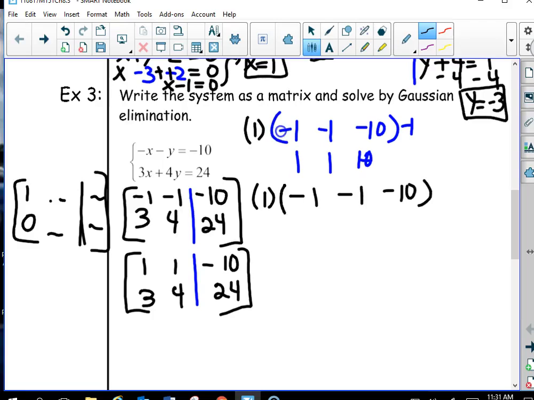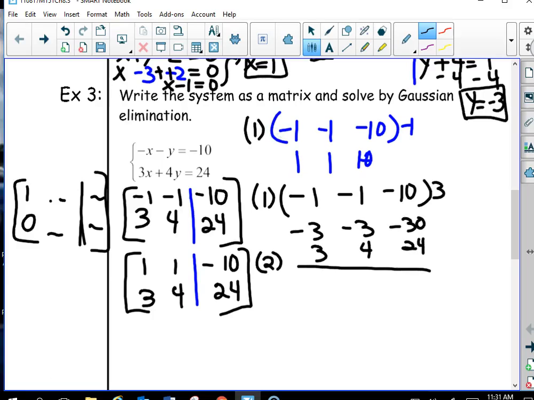And notice I'm kind of skipping the notation just to speed things up a little bit. -3, -3, -30. Now I'm going to combine that with 2, 3, 4, and 24. So I get a 0, a 1, and -6.